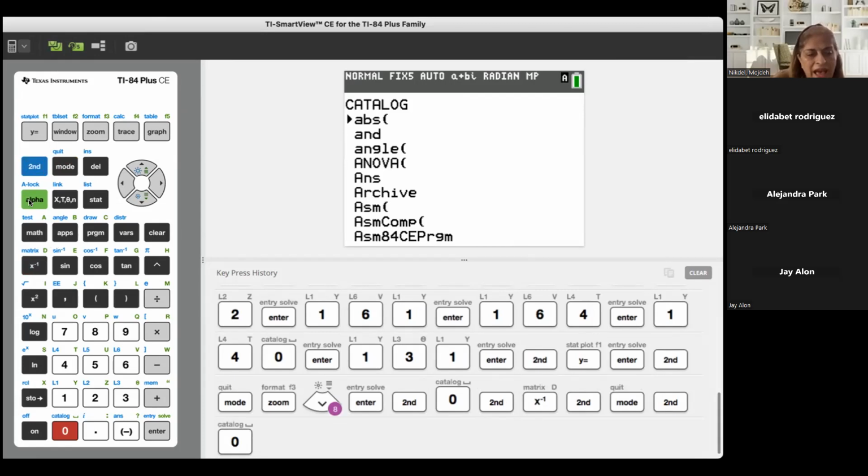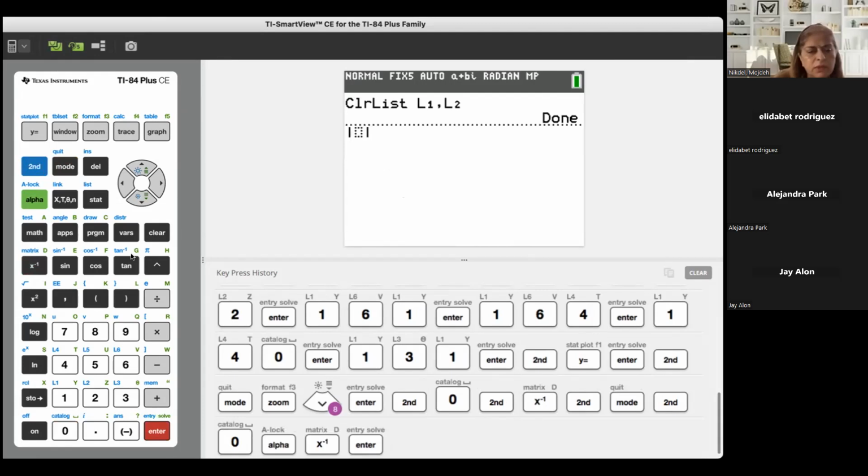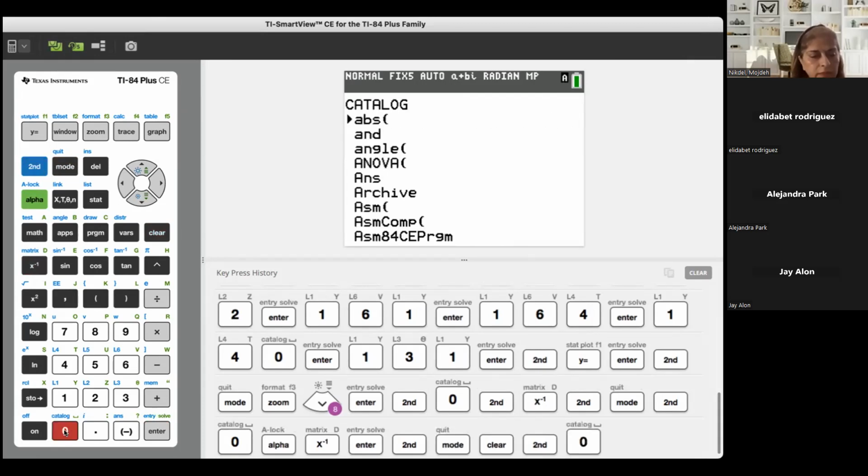So I'm going to say alpha x to the negative 1. Hold on a second. I don't know what happened here. Sorry. Let me go to catalog again. And then I think I have to press the x to the negative 1. I don't think I need the alpha key. Let me just press the x to the negative 1 key.